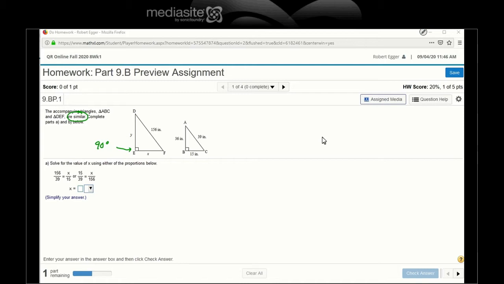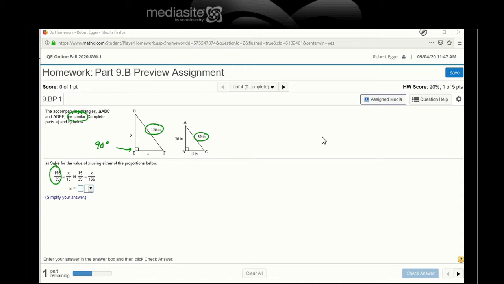So I see I have a side on both triangles that we have the information on. I have this corresponding side and that corresponding side, and they're similar. So that's going to allow me to set up the proportion, or the ratio, of how the two triangles are similar to each other.